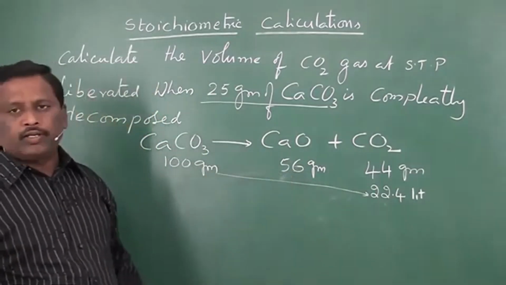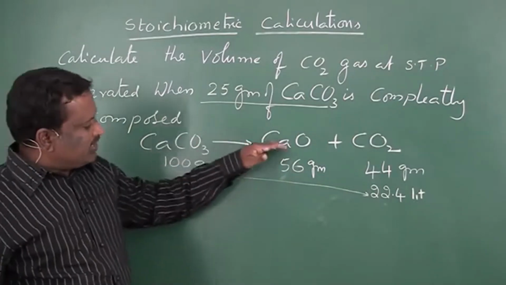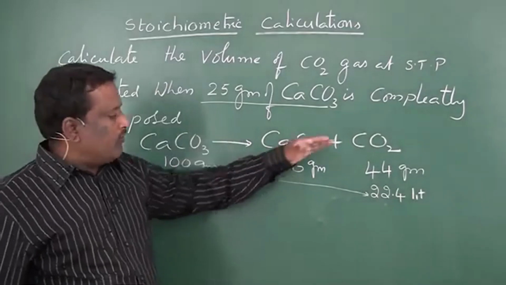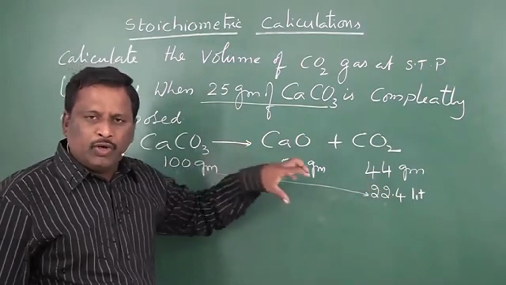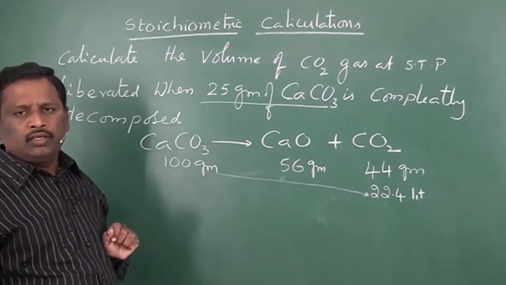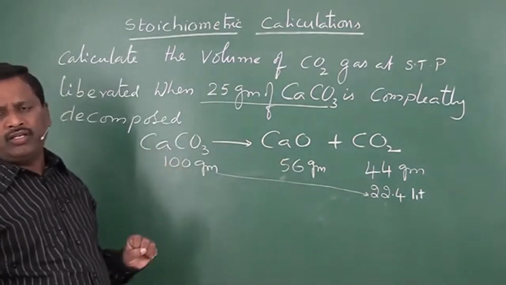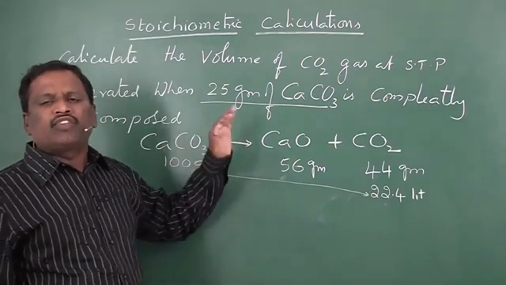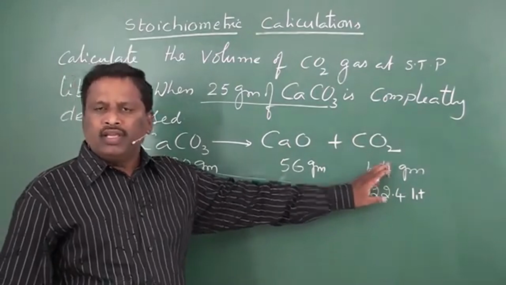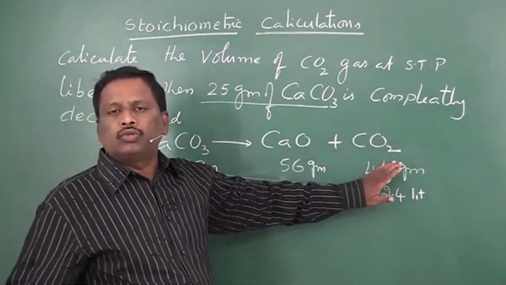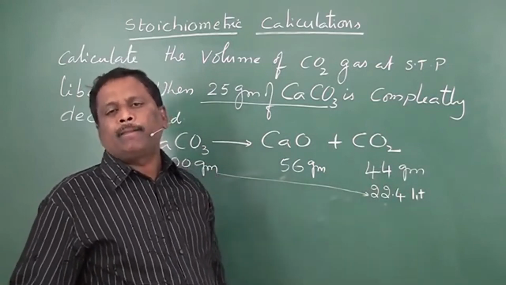Because according to this equation, 100 is the molecular weight of calcium carbonate, 56 is the molecular weight of CaO, and 44 is the molecular weight of CO2. So in the decomposition of calcium carbonate, the mass ratios are 100 grams of calcium carbonate giving 56 grams of calcium oxide and 44 grams of CO2. The same 44 grams of CO2 will occupy 22.4 liters at STP.